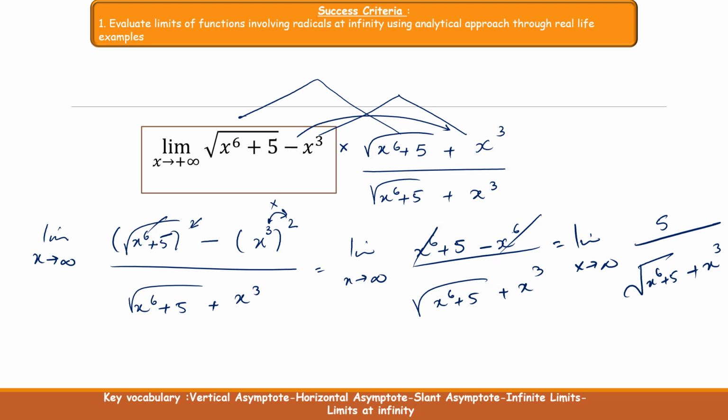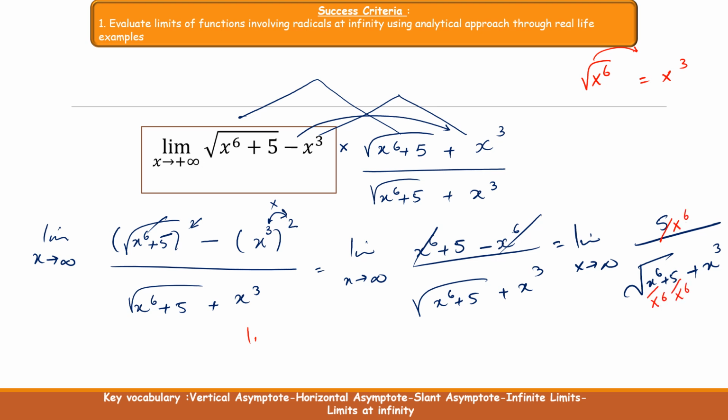Now focus on the denominator. The highest power inside the square root is x to the power of 6. But when we write outside, it will become x cube. So divide every term. I'm doing it here, but you write one more step. So now look at this.